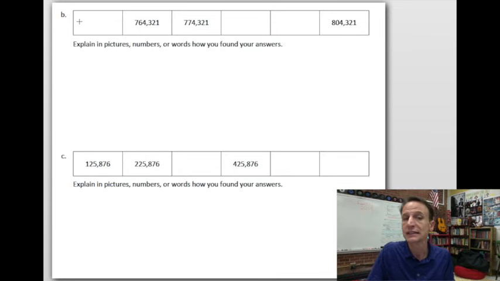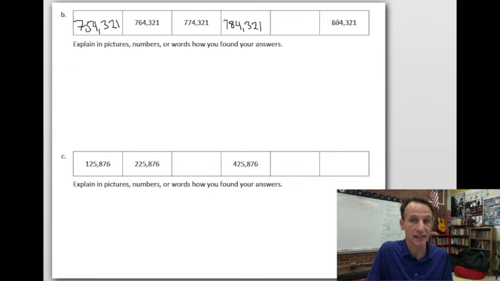So our first one here, before 764, is going to be 10,000s less. So instead of 764,000s, we'll have 754,000s, and that same 321, that's not changing. 754, 764, 774, yes, 784,321.